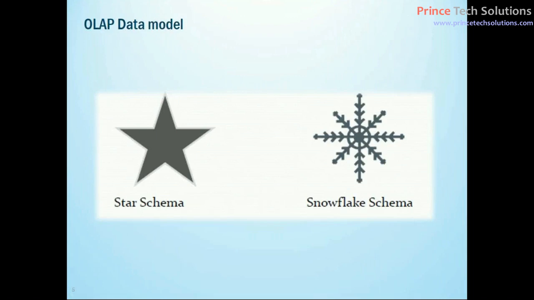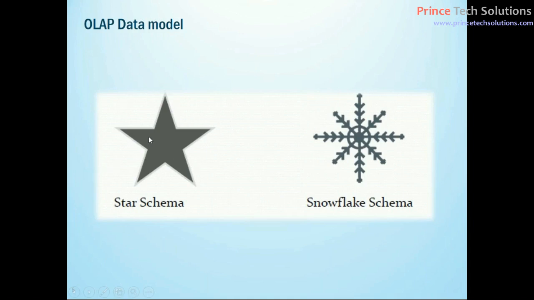As you see in the picture, star schema is very neat and clean. There should be one fact table in the center, and all the dimension tables will be surrounded across it. Every dimension table will be connected to the fact table. The dimension tables would not have a direct relationship between them.